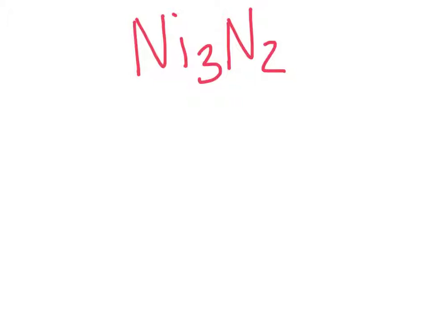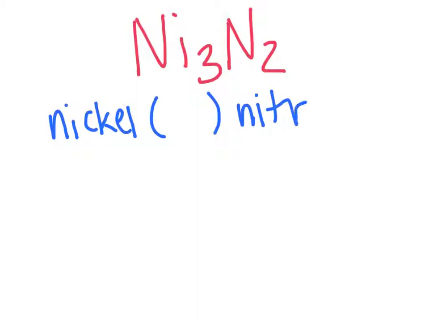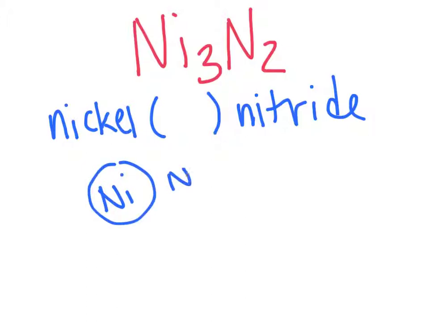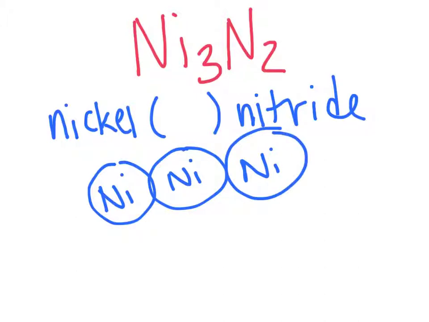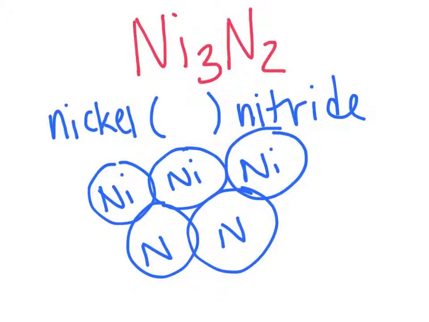Alright, I always want to see if you know your stuff. So this is a hard example, but go ahead and try this one next. Okay, I'm going to give you the answer, so pause me if you need to. I'm back to nickel. I know it has more than one charge. And this is nitride. I'm going to draw it. I have 3 nickels and then I have 2 nitrogen ions.